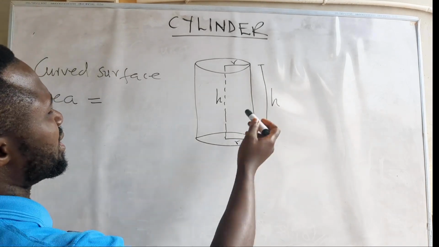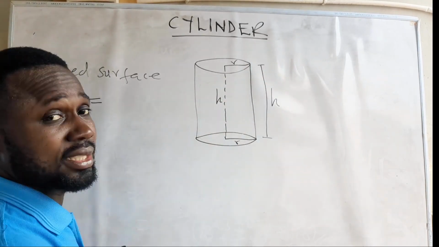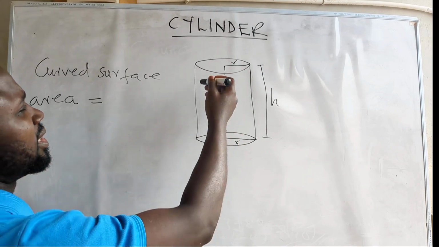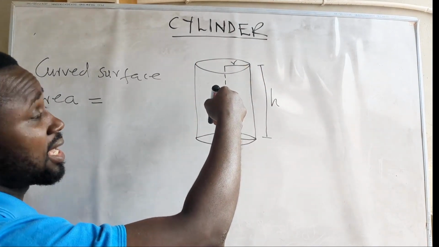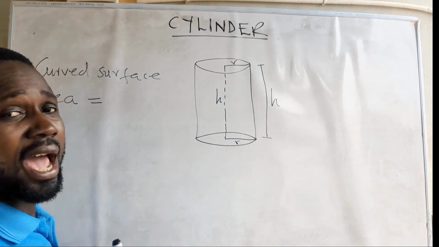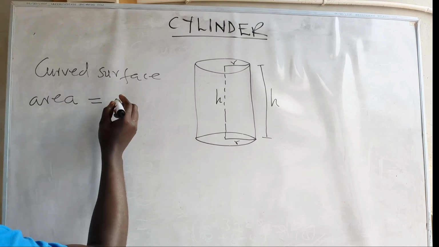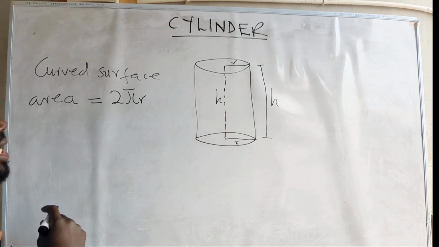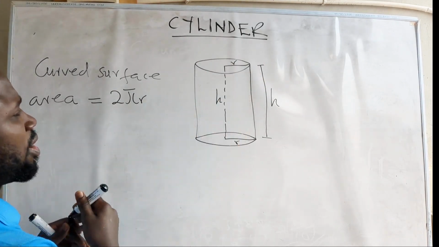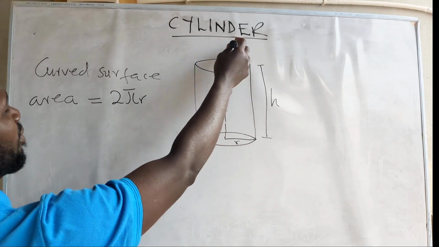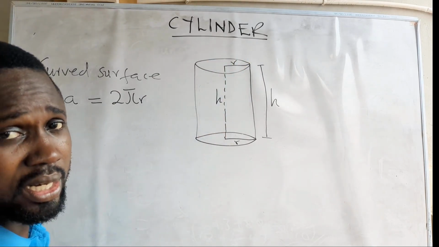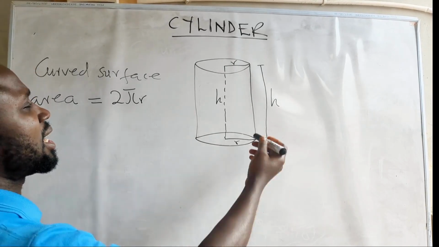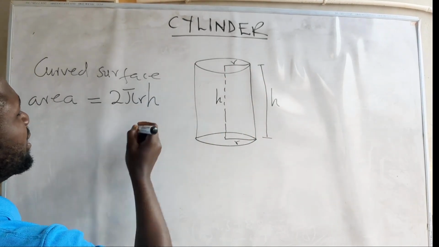Then note that the cylinder has a height. So if I want the curved surface area, the circumference is multiplied by the height of the cylinder. The curved surface area becomes 2 pi r, where 2 pi r is the circumference, because going around the circle means you have gone around the entire 360 degrees, and then the cylinder definitely has a height, so you multiply by the height.